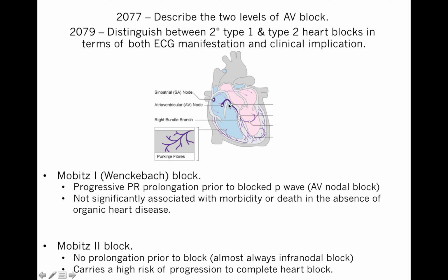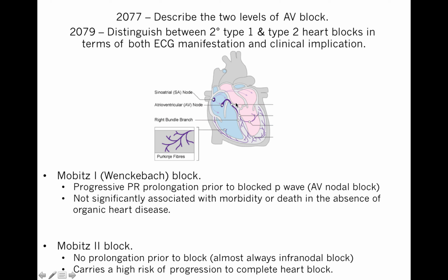It's because there is no significant morbidity or death with Wenckebach or type 1 second degree. In fact, most of it is quite benign and asymptomatic. So people who present with Wenckebach usually don't feel it and do not need any treatment.